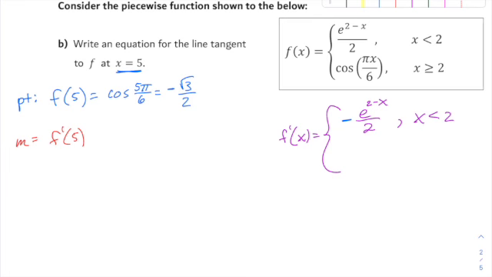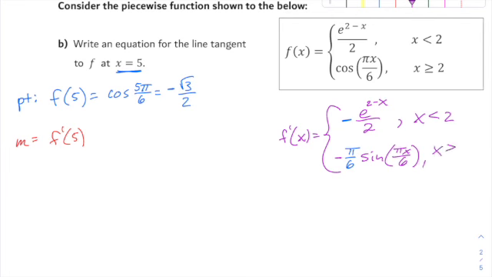And for the derivative of the second piece, the derivative of cosine is negative sine of that same argument, pi x over 6. But again, chain rule, right? Got to multiply by the derivative of the inside, so that means you're going to get this coefficient of pi over 6, or negative because of that cosine derivative rule.